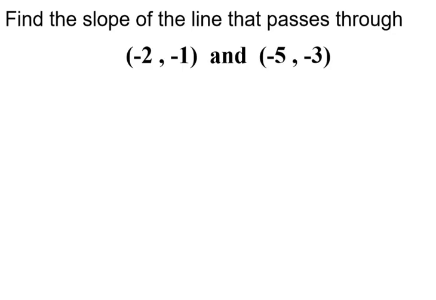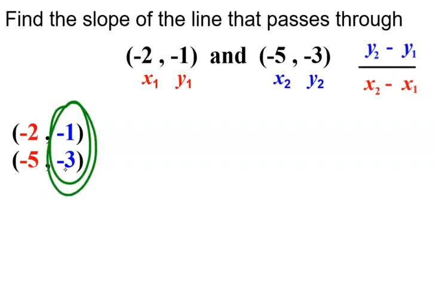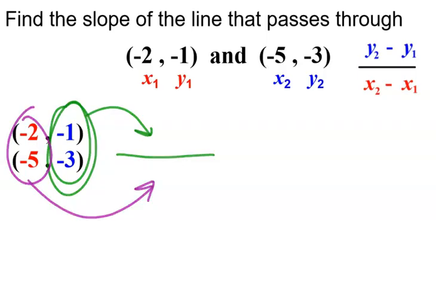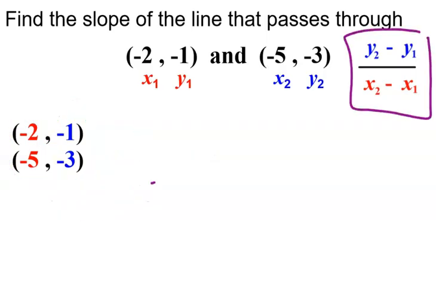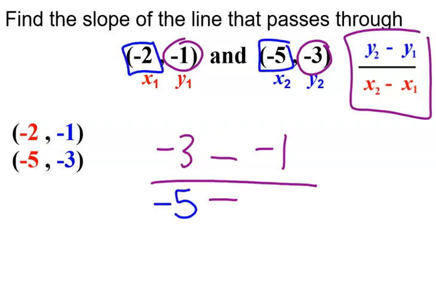Let's take a look at the next one here. Label your points first, or stack them one on top of the other. By stacking them, it helps you concentrate that these numbers are going to go in the numerator, and the x numbers are going to go in the denominator. But if you're using this formula here, you simply start with your giant subtraction fraction, and then put the right puzzle pieces into the right places. -3 minus -1, and then the denominator, I'm going to get -5 first and -2 second.